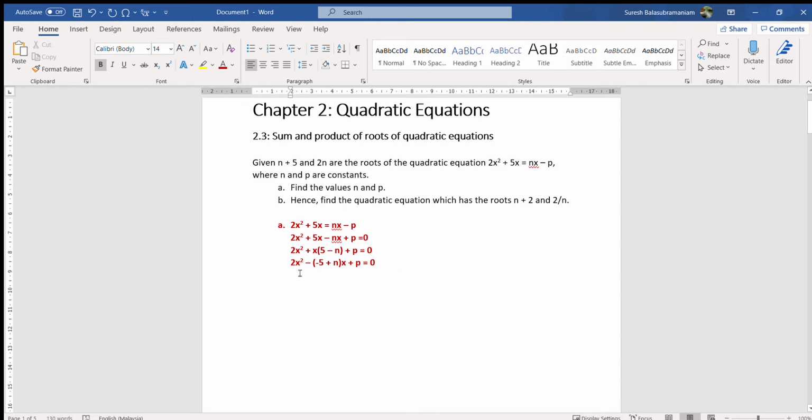Okay, so we are not finished. We have to divide this by 2, so you can say multiply with 1 over 2.